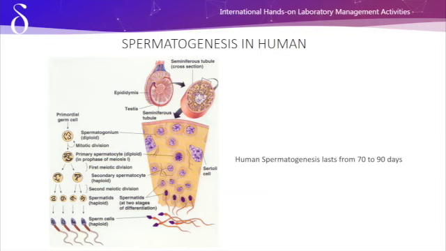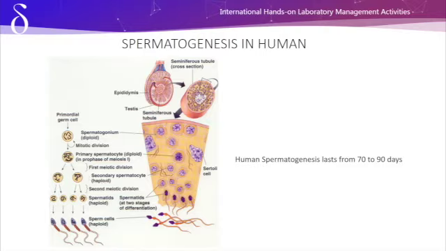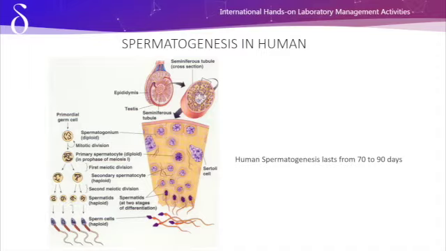These cells undergo a mitotic division, producing a cell identical to itself, but also primary spermatocytes, which are still diploid and undergo the first meiotic division, producing secondary spermatocytes, which undergo the second meiotic division, producing spermatids. Spermatids are haploid cells.